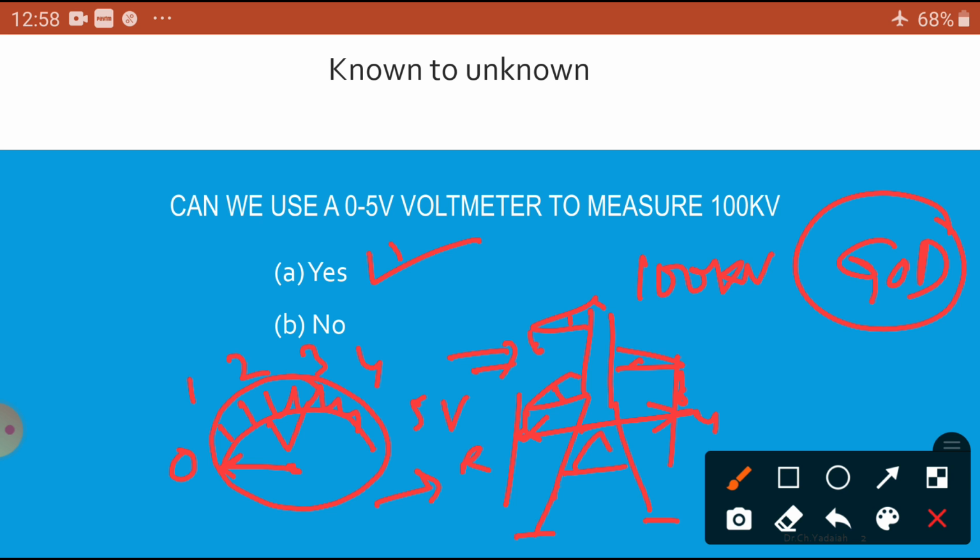Have you found ghee in milk? In raw milk, will you find ghee or butter? No. It requires some process. Milk has to be heated, then it is cooled and becomes curd.